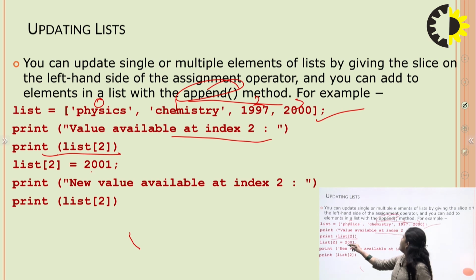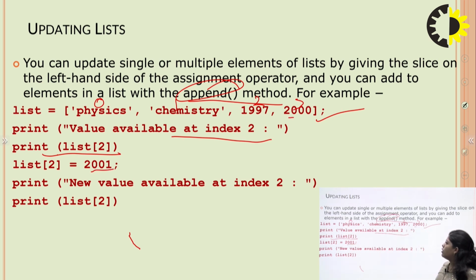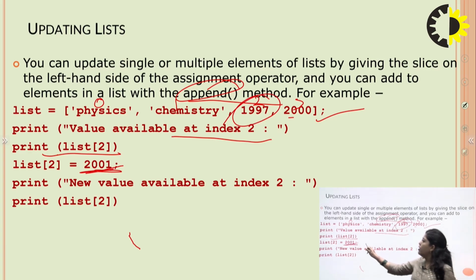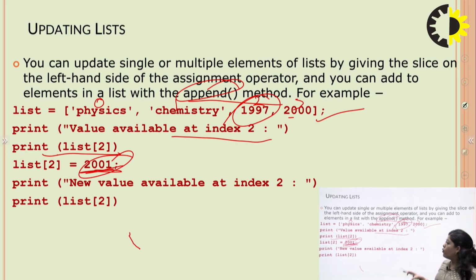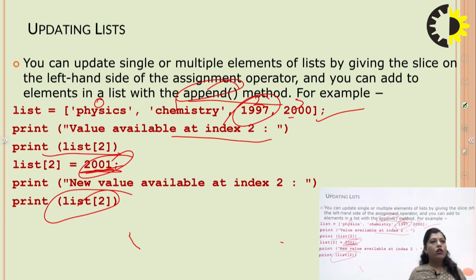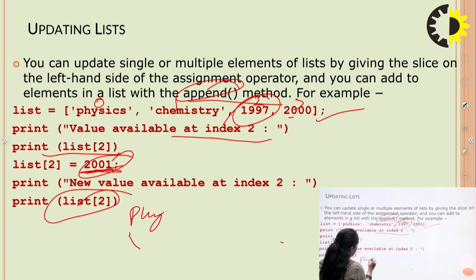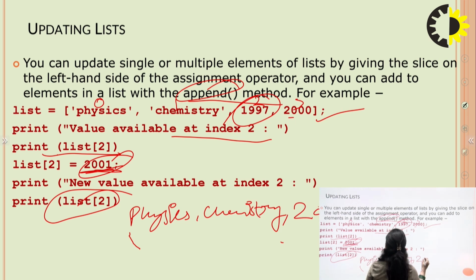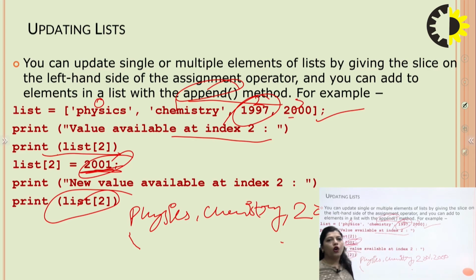At index 2, the value is 1997. We write the new value 2001 in place of 1997. So the new value available at index 2, we can write print list 2. So the output of the final list is physics, chemistry, and 2001 and 2000. This is the final output of the list.